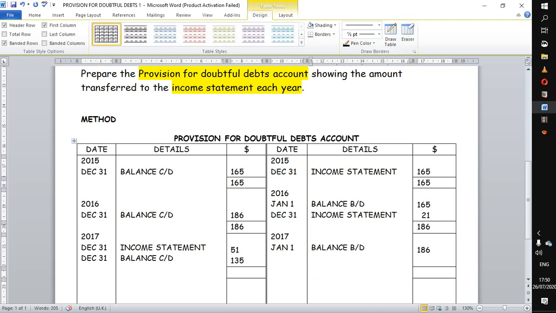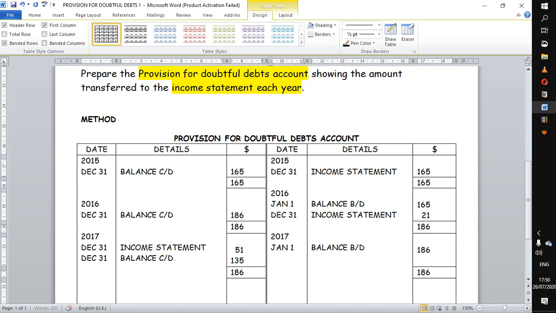We can see that now the two sides are equal because we managed to insert the two figures that are giving us 186. So from here we are bringing down this balance into 2018.